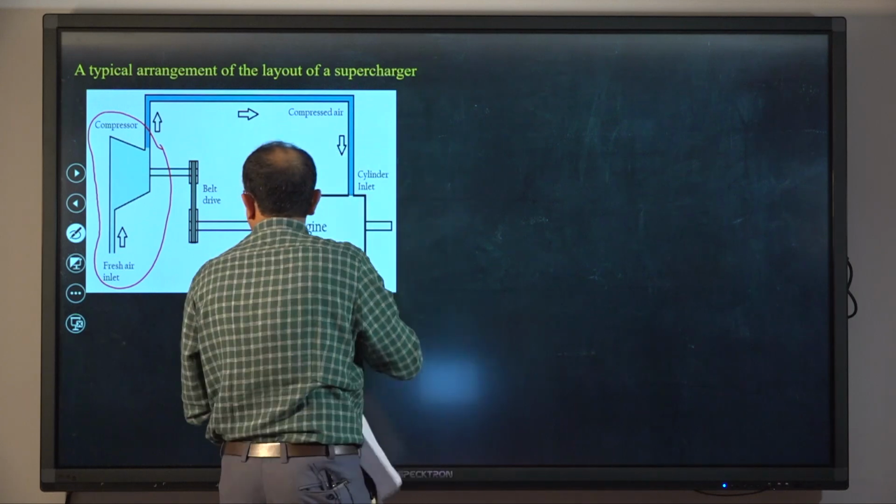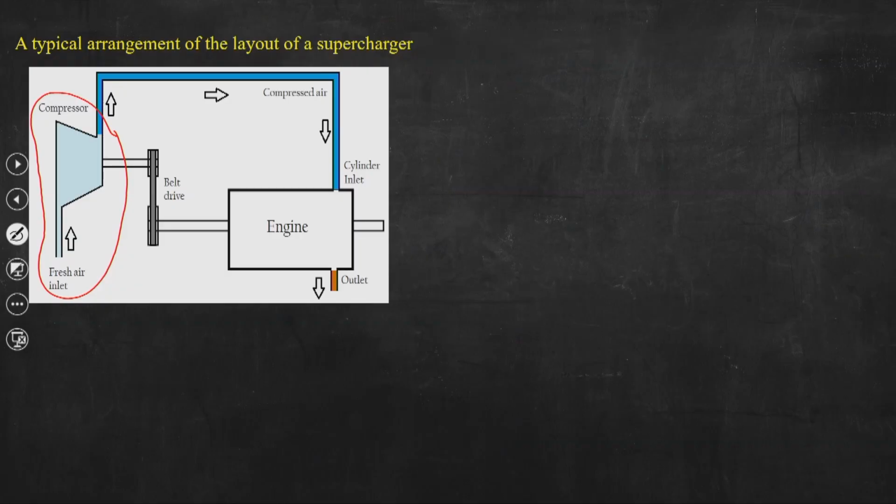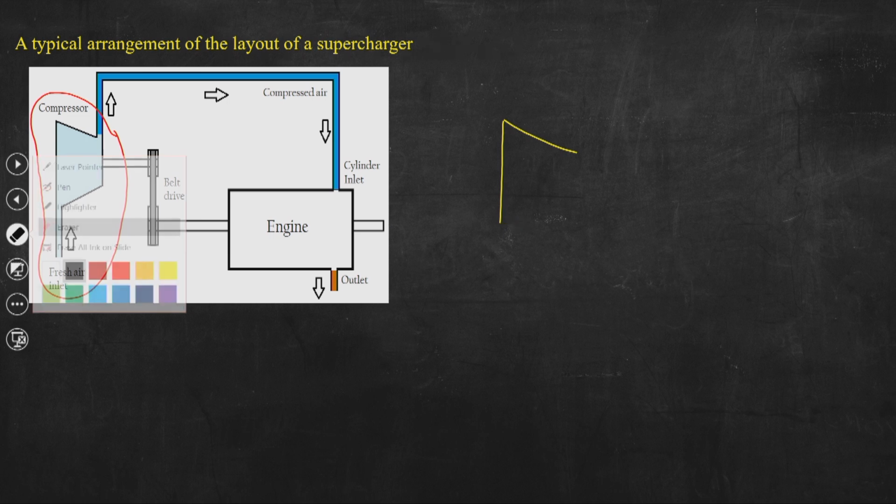So, if we take out this particular component and draw it here, we all know the compressor. Quickly we shall work this out because you have studied all this.